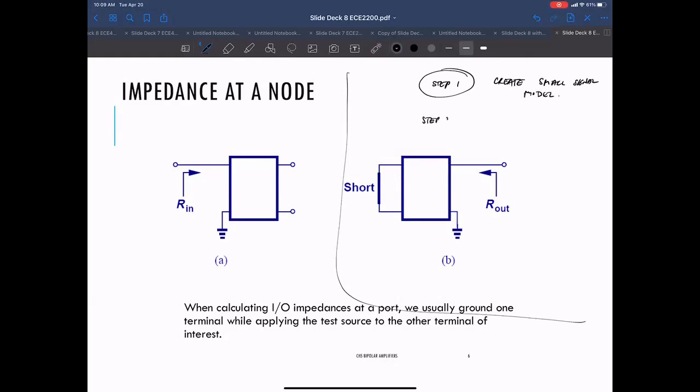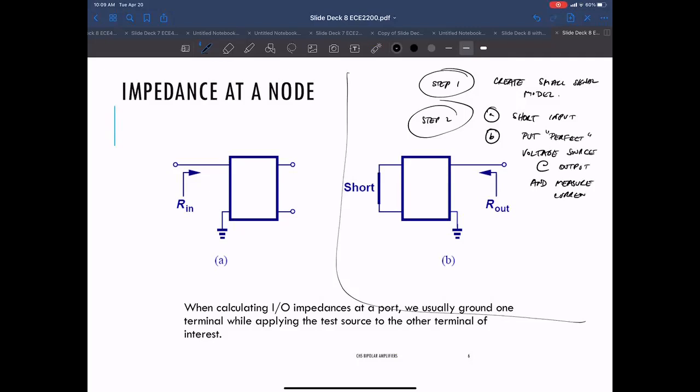Step two has two parts. A is short your input, and B is put a perfect voltage source at the output and measure the current.